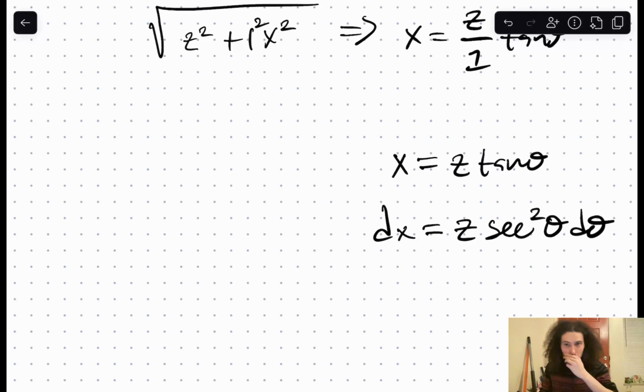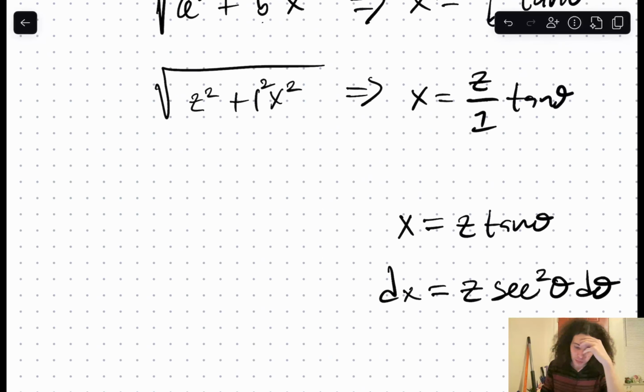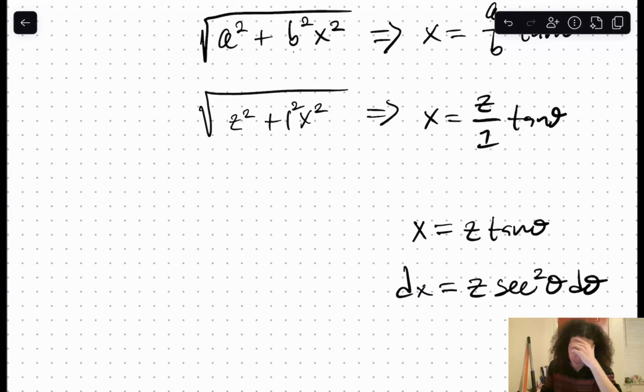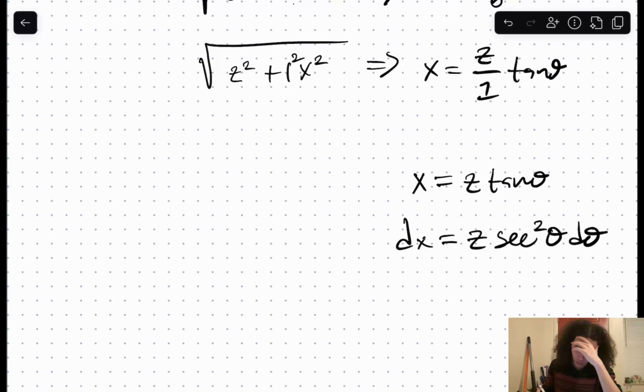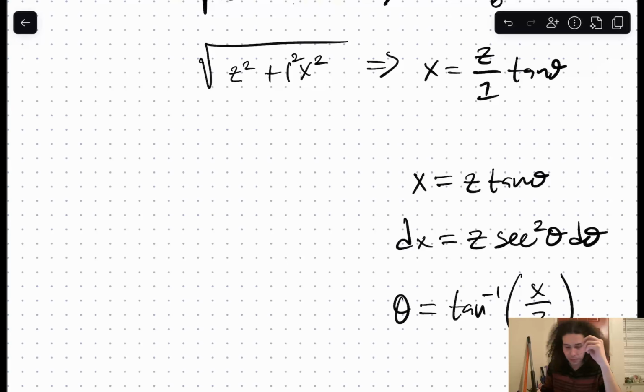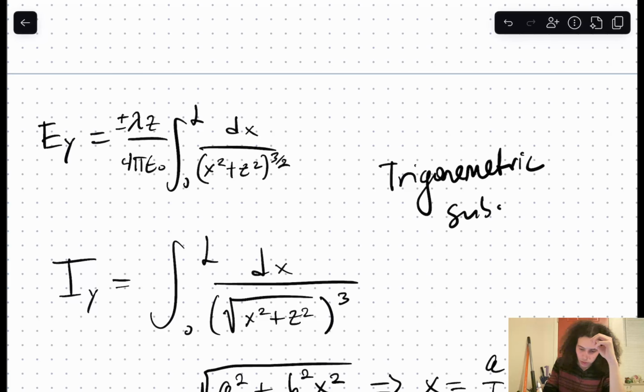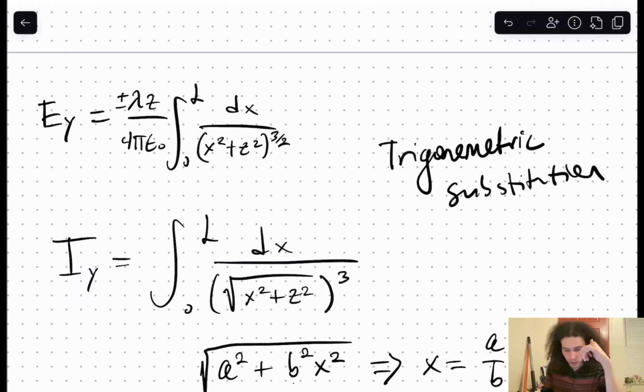Now, that's how you do your trigonometric substitution. Of course, you want to say theta is equal to arctangent, or I'm going to write it like this, inverse tangent of x over z. This is the calculus 2 method we're employing to actually solve this integral.